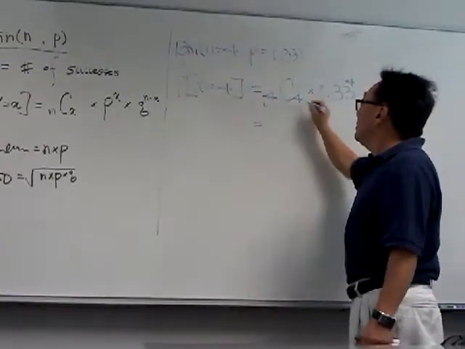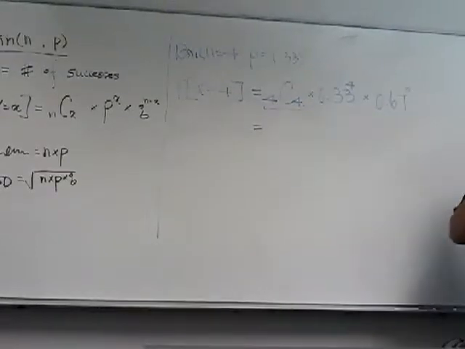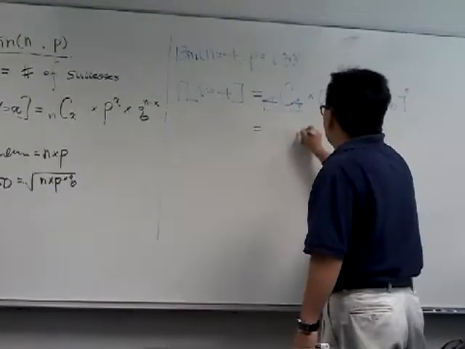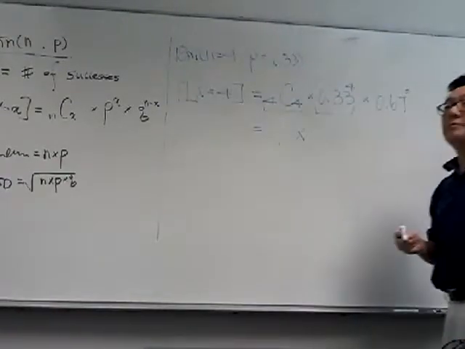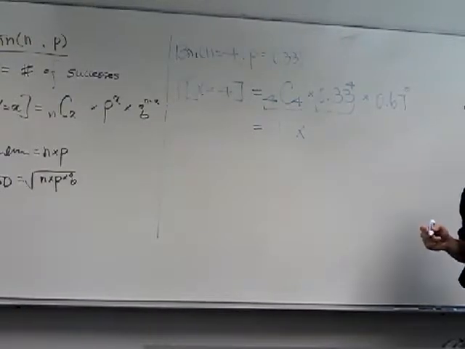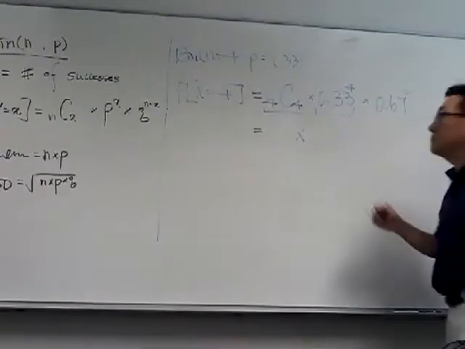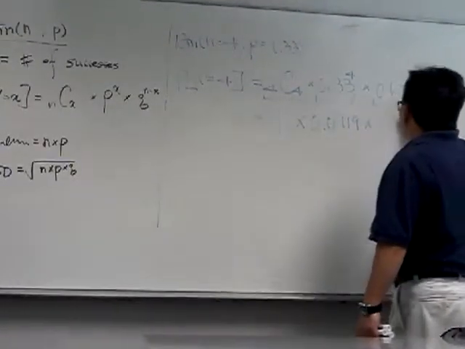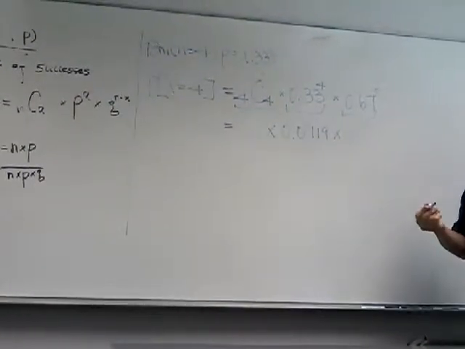Can you tell me how much will be the 4C4, please? 1. You got 1. And how much is the second term? 0.0119. And how much will be the power 0?